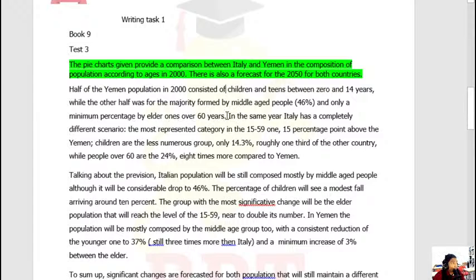This is all good. Slight mistakes here and there of vocabulary or grammar, if you like. Vocabulary in this case I would change, while the other half was for the majority formed by. I mean, this is a bit lax as a structure, but I don't really mind because it's not going to matter much in terms of score.